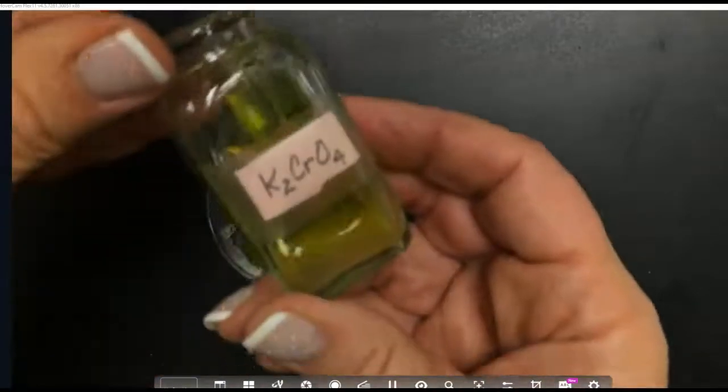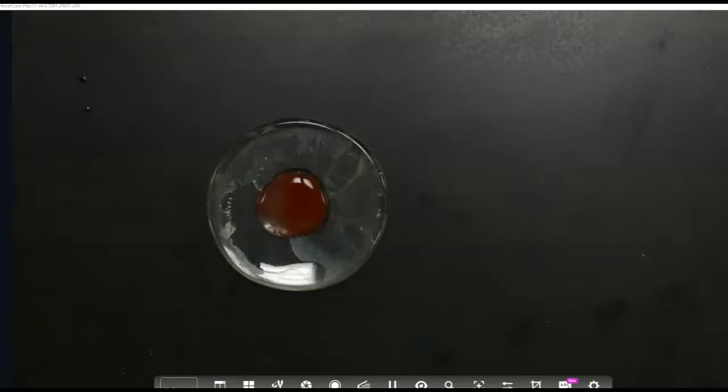Then I'm going to add some drops of potassium chromate, which is the other reactant. I'm realizing that I did them out of order, but that's okay. I did 2 drops.